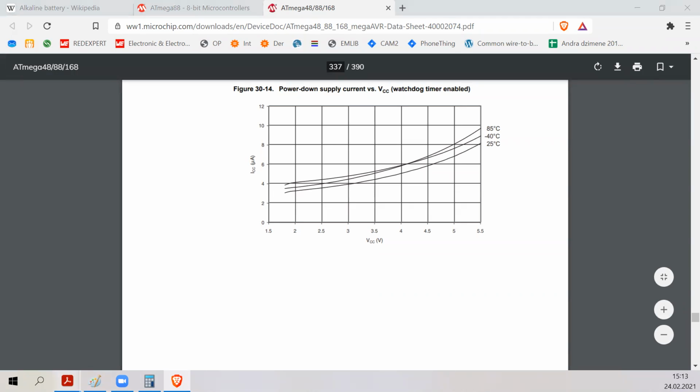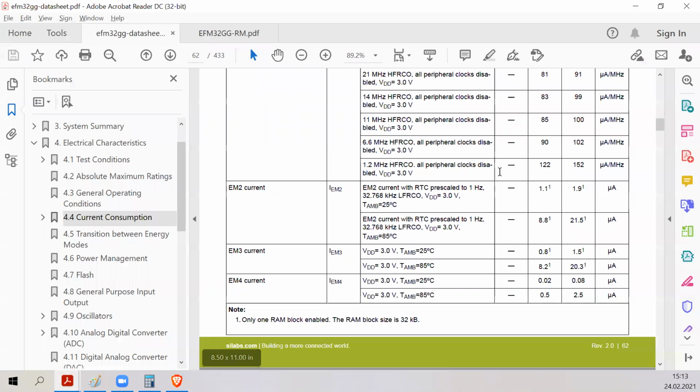Whereas in our modern, much newer microcontrollers, at room temperature, the power consumption in sleep modes is really small, approximately 1 microamp. And at high temperature, it's really big. It's up to 20 microamps. That's a lot.